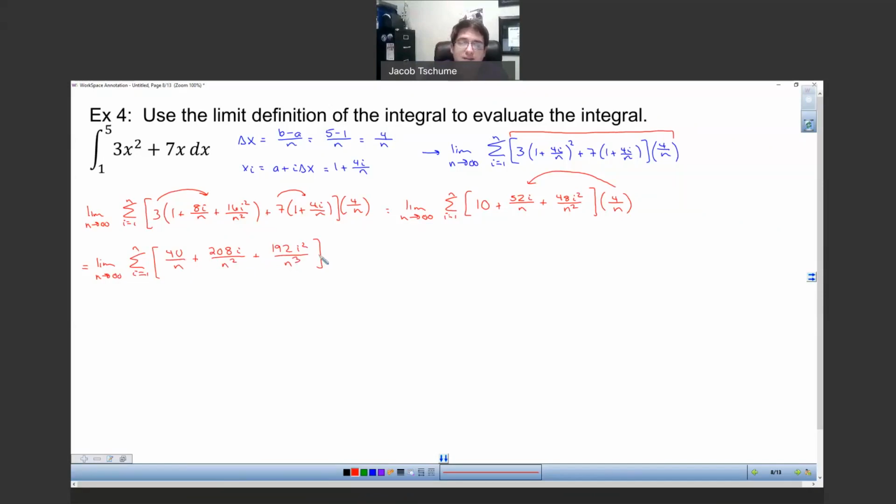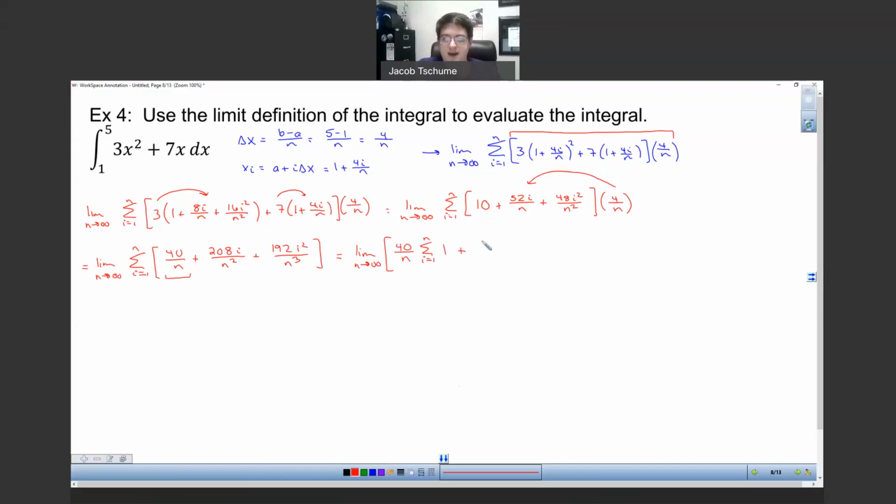Now you're going to have to write this as 3 separate limit problems or summation problems, because in the end, the only thing that the summation applies to is your i terms. So here's what we're going to do. We are going to rewrite this as the limit as n goes to infinity. So that part doesn't matter. I'm going to apply the summation to all three of these, but everything that doesn't have to do with an i term, I'm going to factor out front. So for example, this 40 over n, if I were to factor the 40 over n out of the first summation, that would leave me with a 1 left over.